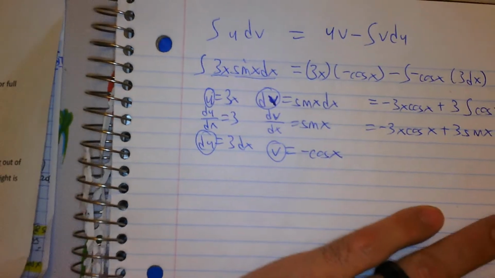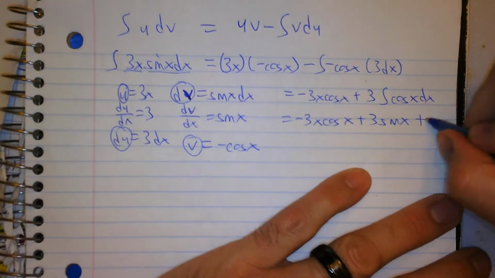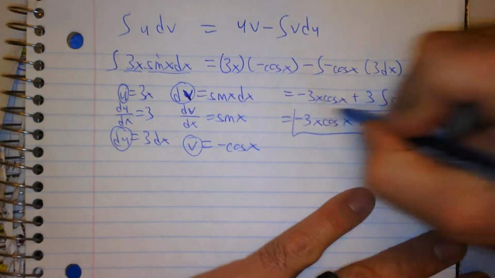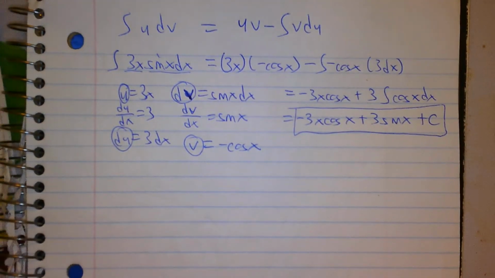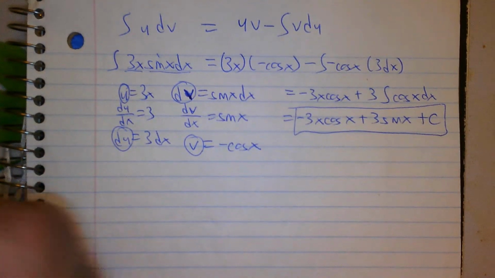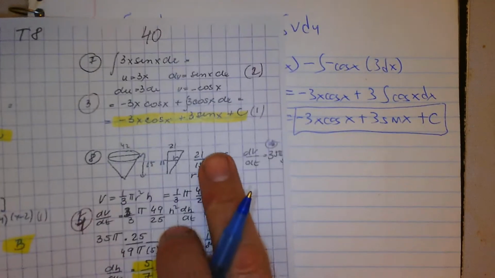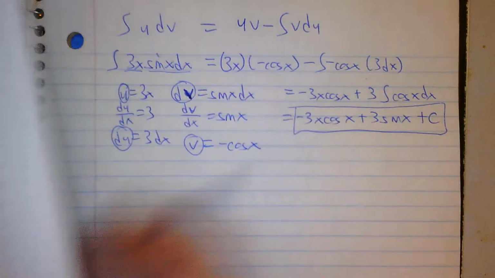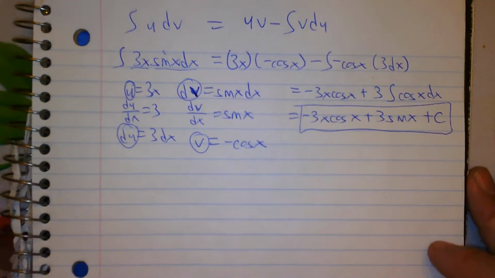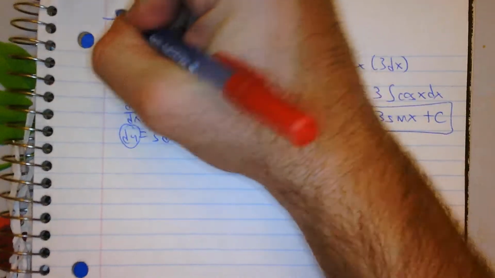It's an indefinite integral, so I must say plus c. And that should be my answer. Let's just check it. Number 7. Key says negative 3x cosine of x plus 3 sine of x. Yep, that's exactly right. All right, so that was number 7.